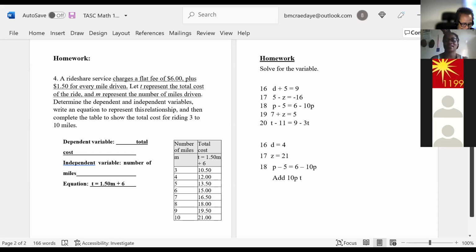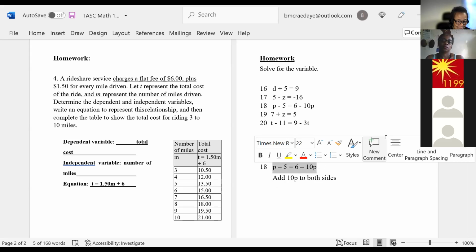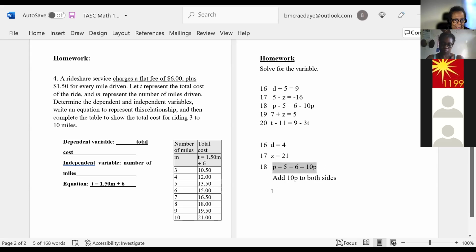I want you to use that because the others looking at this won't know some of those terms you're using. It's okay if you use them for yourself, but trying to explain it to somebody else could be a little difficult. So let's just say add 10p to both sides. Let's take this equation and add the 10p to both sides.